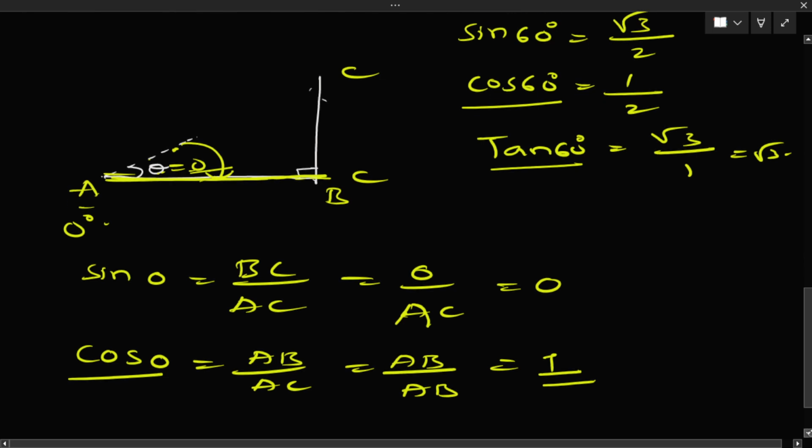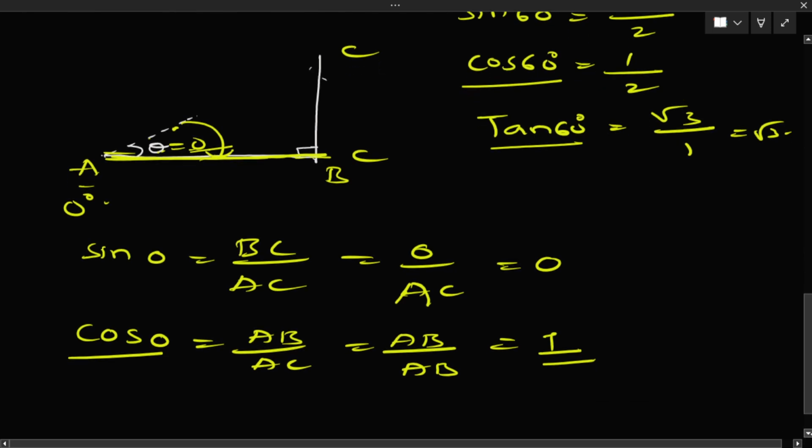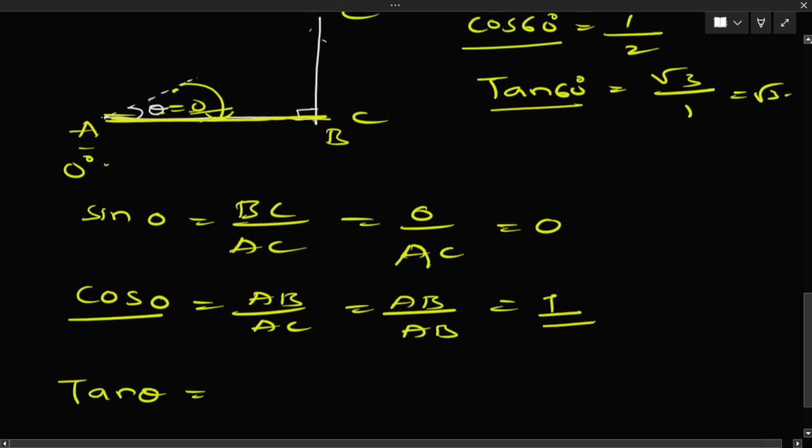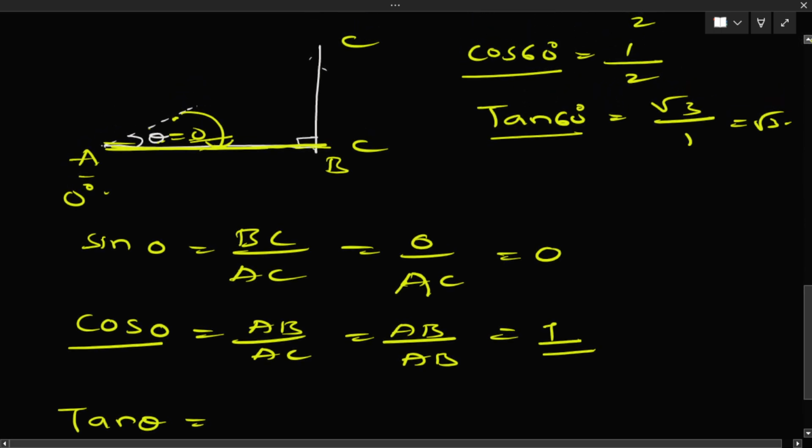What about tan 0? Similarly, what is the value of tan 0? When I consider this triangle, what is the value of tan theta? Tan theta means opposite by adjacent, so BC by AB.